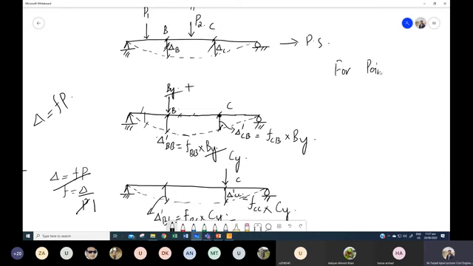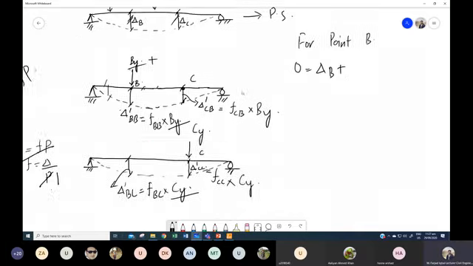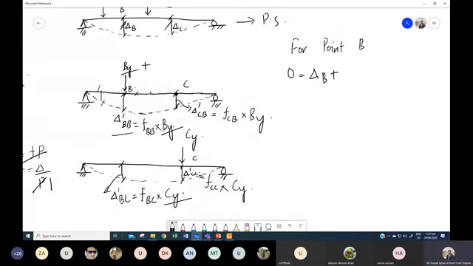So for point B, we can write the equation as, initially at point B, there is no deflection, so that will be equal to 0. In this primary structure, we have deflection as delta B. In this structure where we have removed this redundant, we have this deflection, that is FBB into By, and in this third one where we have applied this load Cy, we have this deflection, that is FBC into Cy, right?